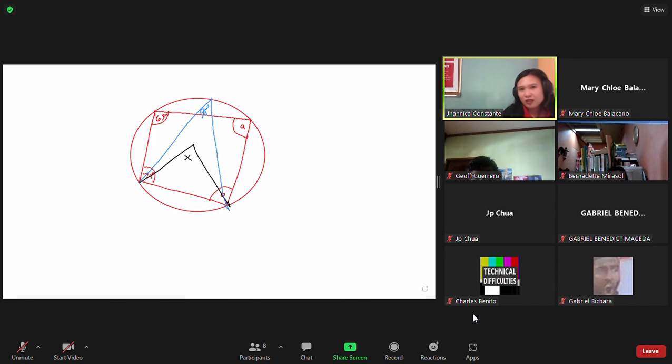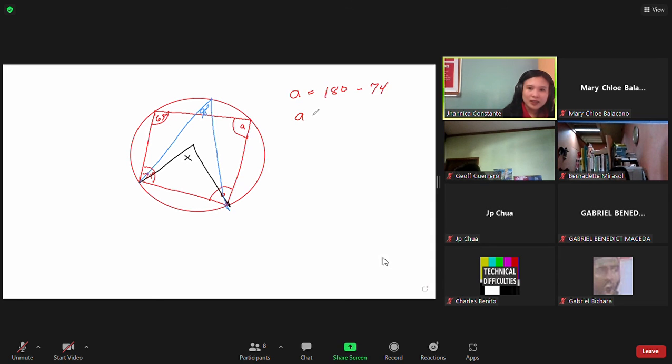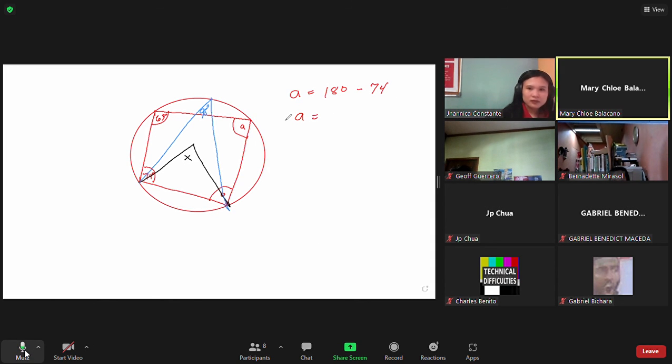So let's start solving for angle A. Applying the cyclic property, opposite angle is equal to 180. So 180 minus 74. So angle A is equal to 106.